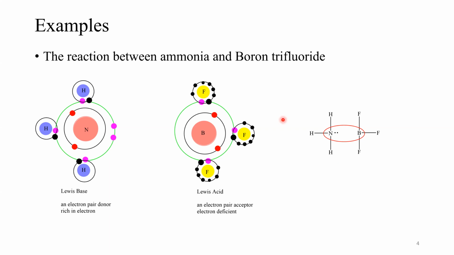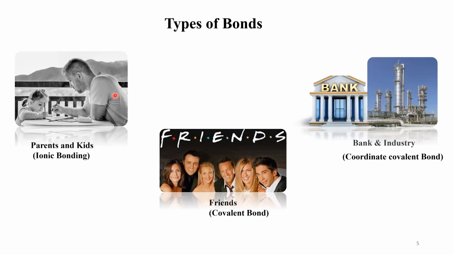So all that field or area of chemistry is basically established on the foundation of coordination chemistry and the coordinate covalent bonds. So now the next is, I just want to clear your concept with a more daily life example.